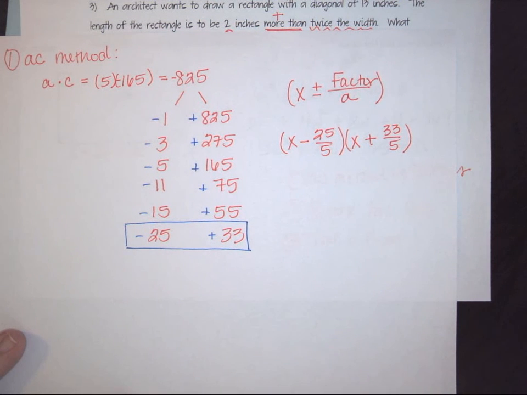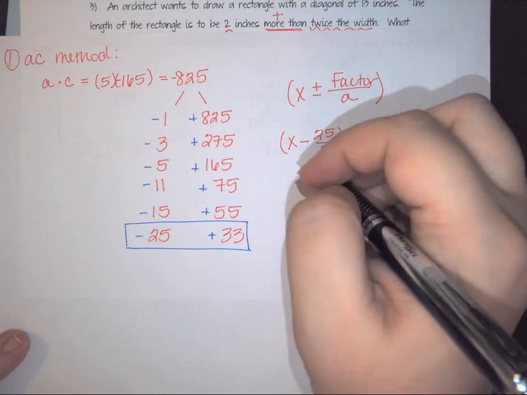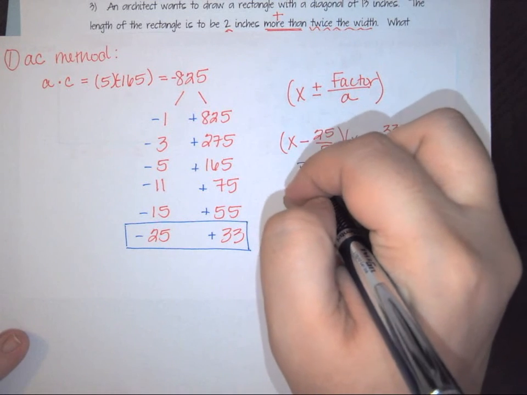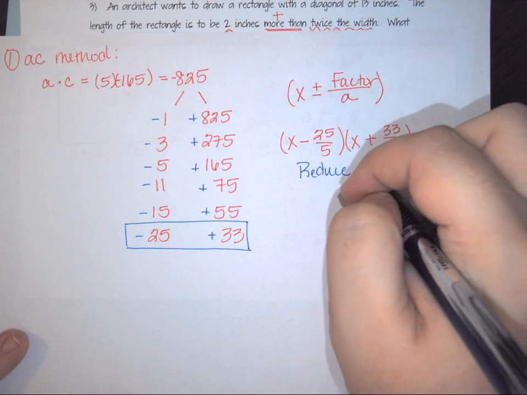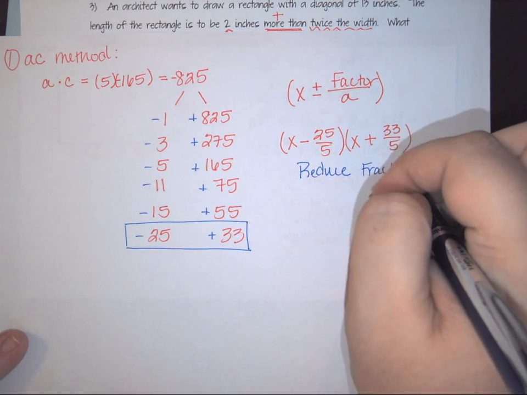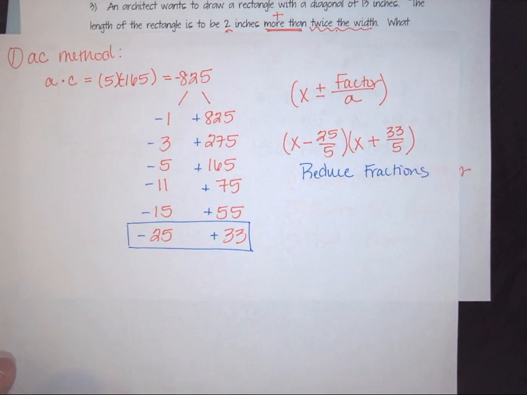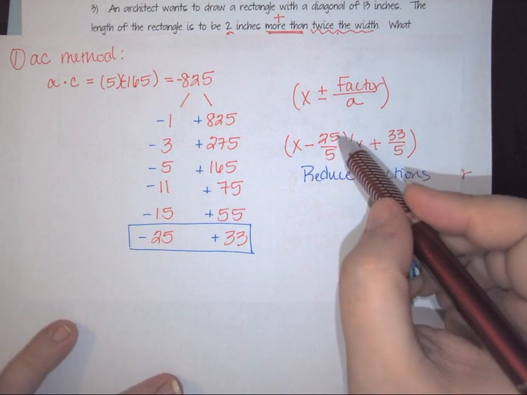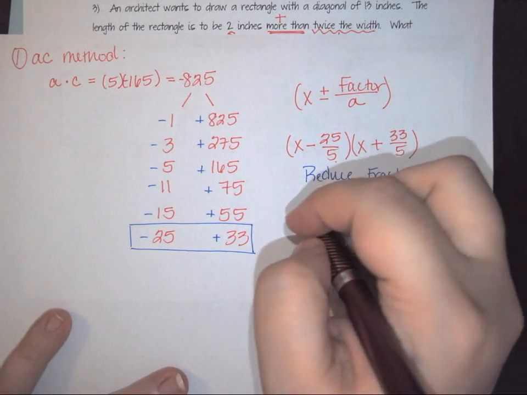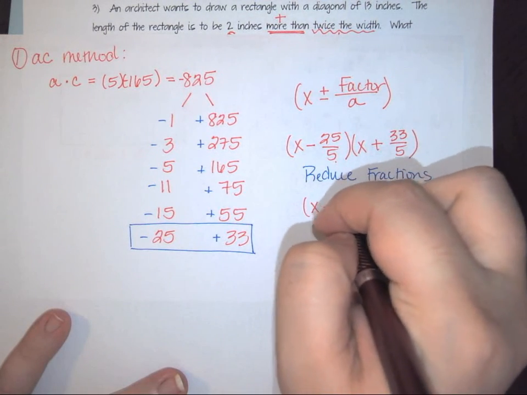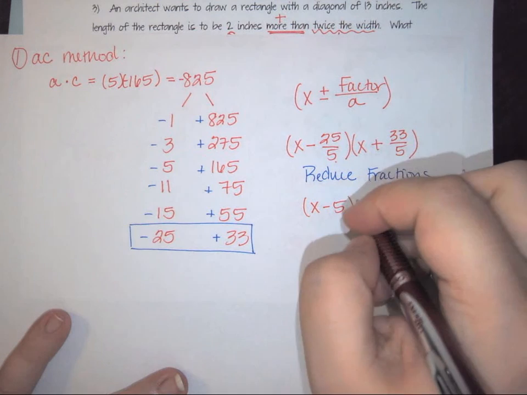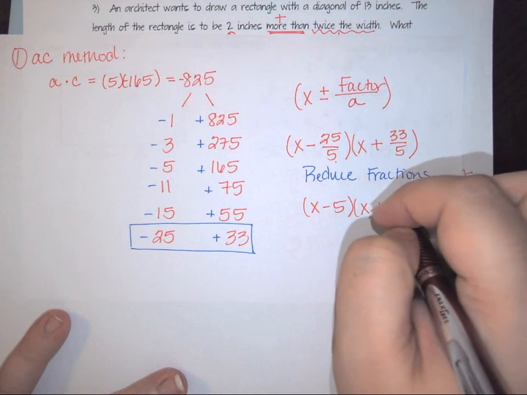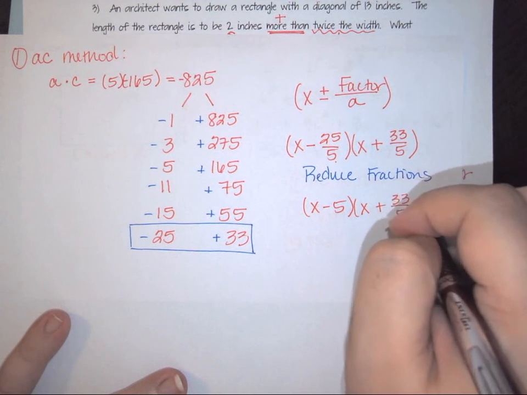Now once we do that, we have to reduce our fractions. So we want to reduce the fractions as far as they can go. This first one reduces down. 25 over 5 becomes x minus 5, but the second one doesn't reduce, so this is still going to be plus 33 over 5.